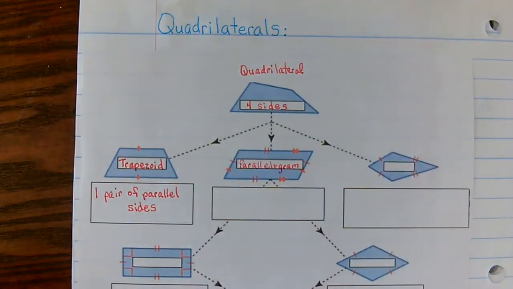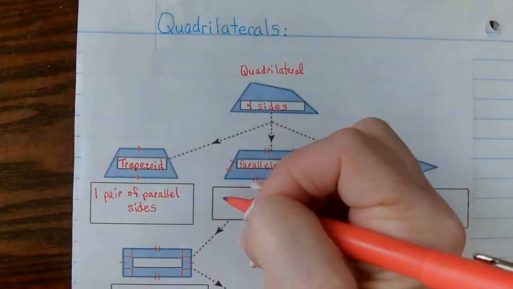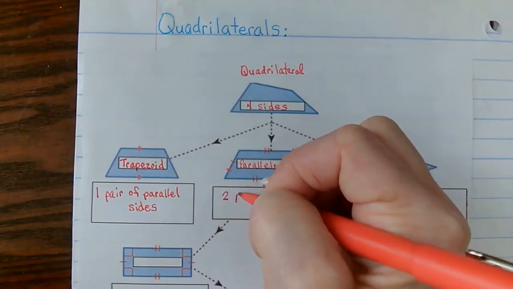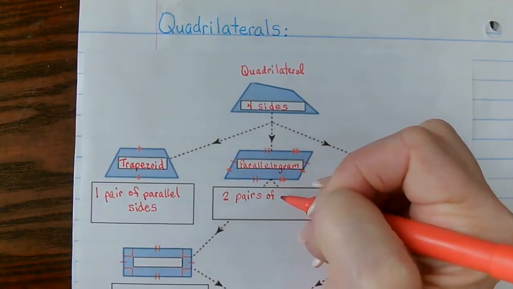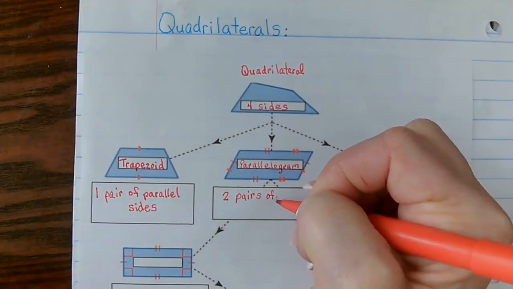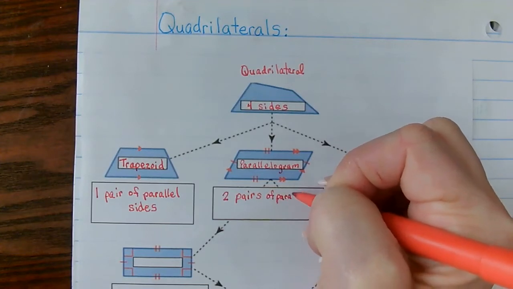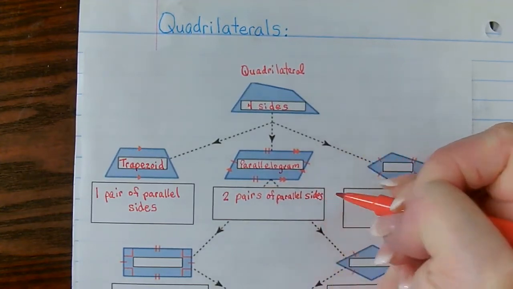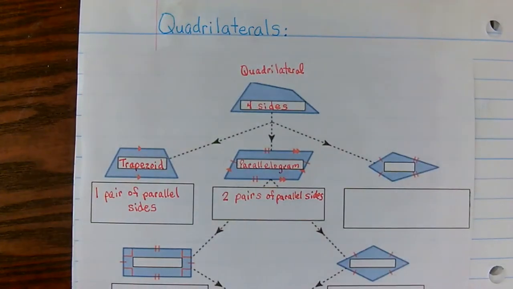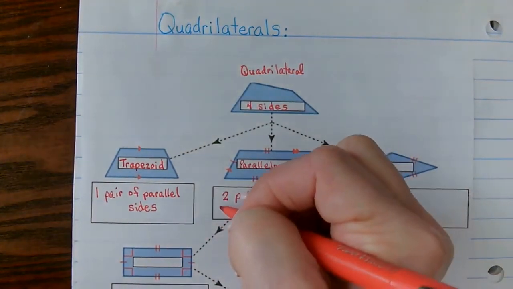So, parallelograms have two pairs of parallel sides and also the opposite sides are congruent.